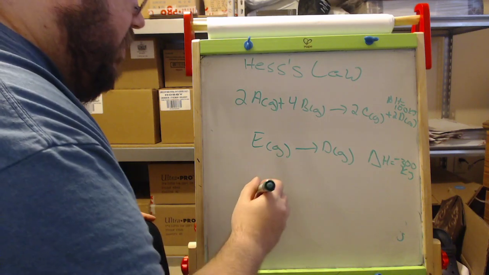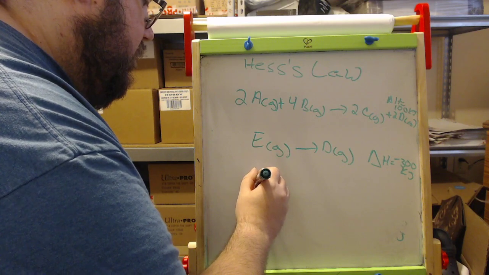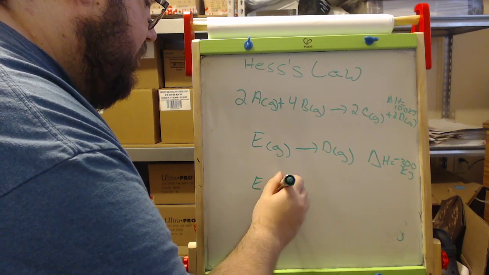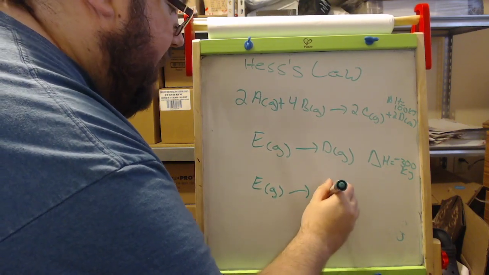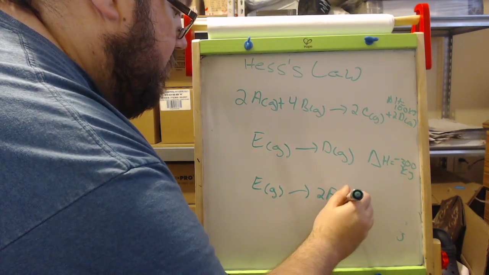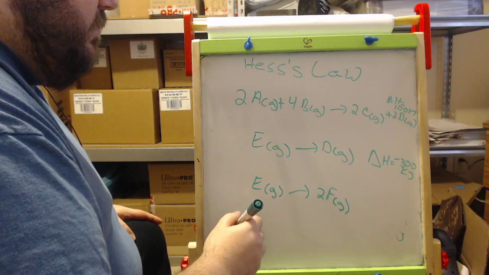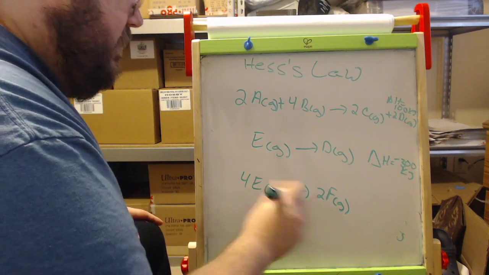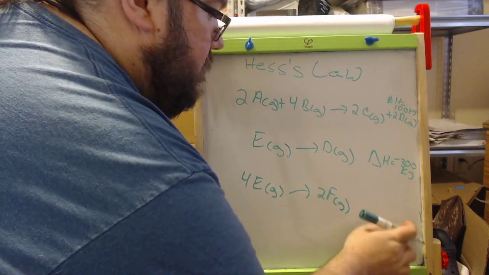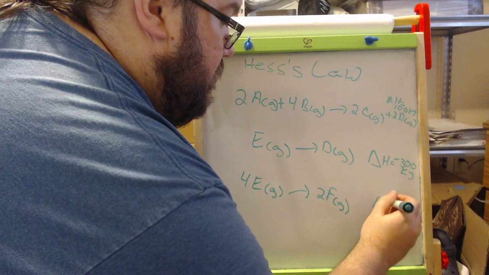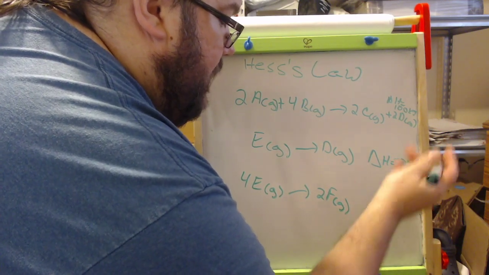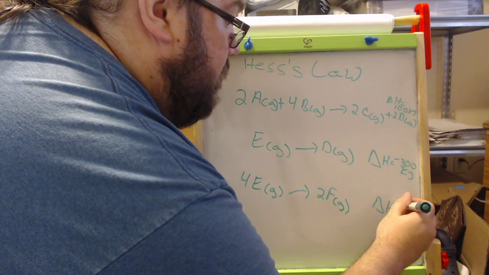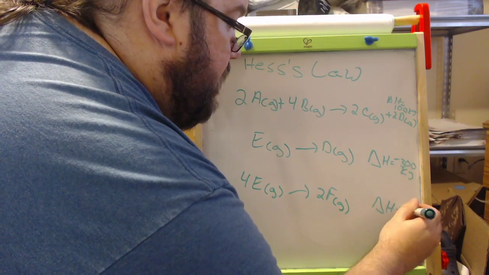Okay, and let's say they have one more down here that E gas yields 2F gas. All right, let's make it 4E gas yields 2F gas. Okay, and the delta H, and again, I'm just making stuff up here, is 150 kilojoules.